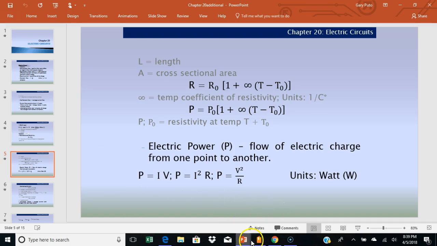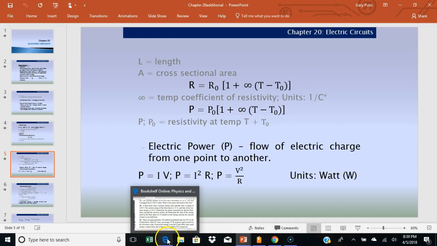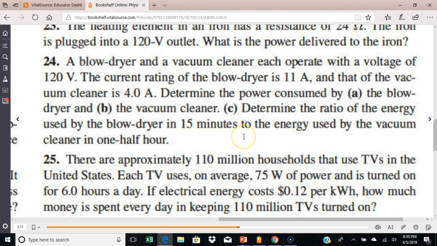I'm going to calculate the power of the blow dryer, 120 times 11. I get 1,320 watts. The power used by the vacuum cleaner, 120 times 4, is 480 watts. That's part A and part B.